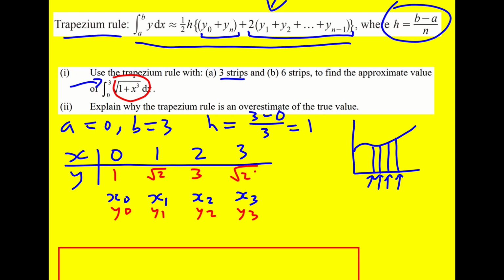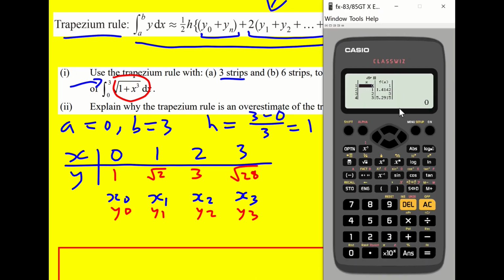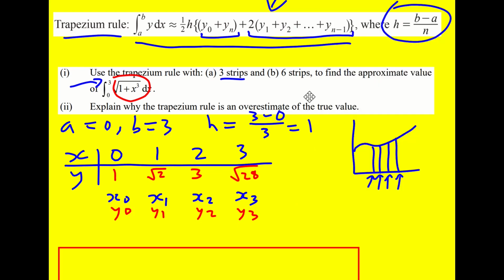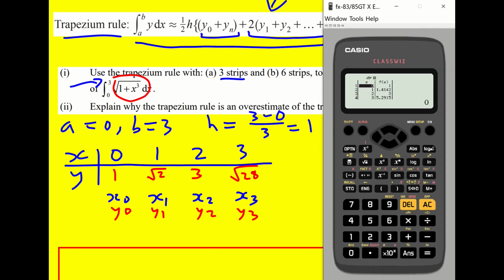Now, if you don't leave it exact like this, then you have to write down enough decimal places. It doesn't say in the answer, but typically we give answers to 3 significant figures. So really, you should write down all your non-exact answers to 4, I'd say actually 5 significant figures. So just make sure you are not rounding too early because you'll lose accuracy.